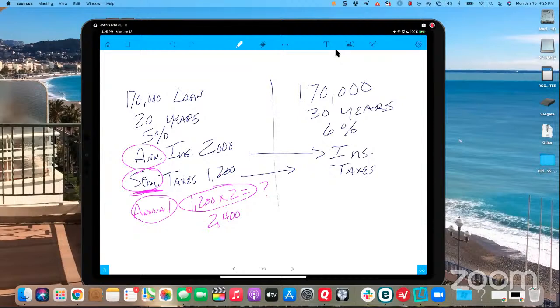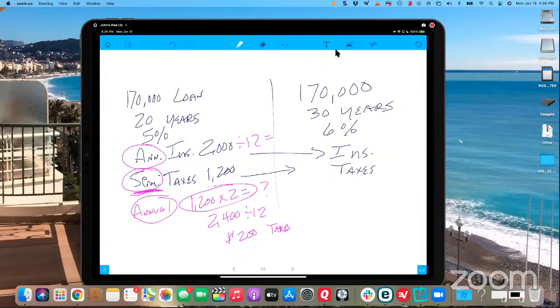So just remember, we want to get it to annual and then divide it by 12. And in this case, that would be $200, right? 2,400 divided by 12 would be $200 for the taxes. And then the annual insurance is 2,000. So again, we want to divide that by 12.